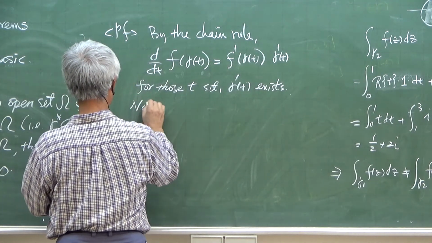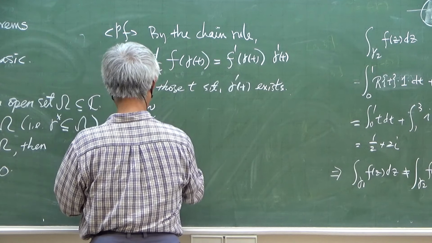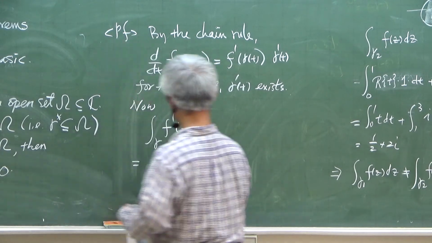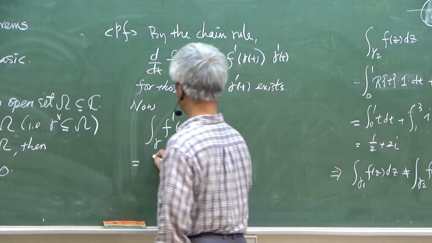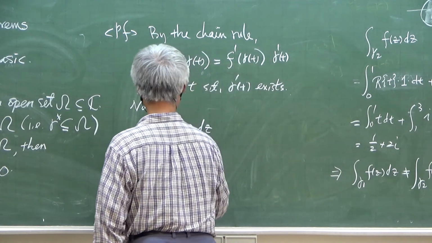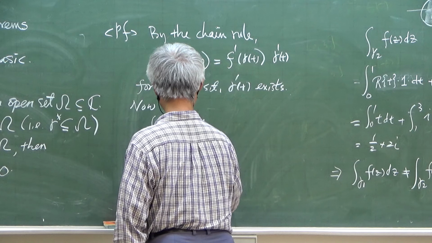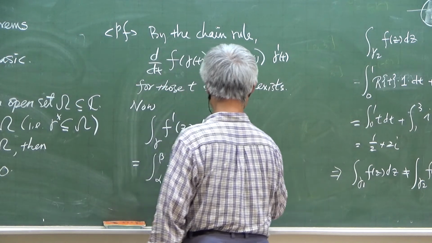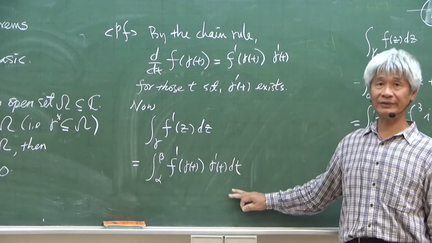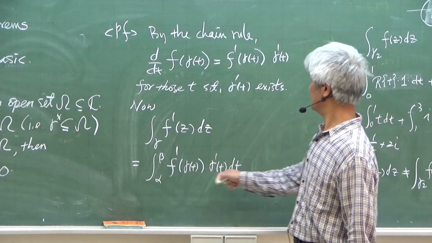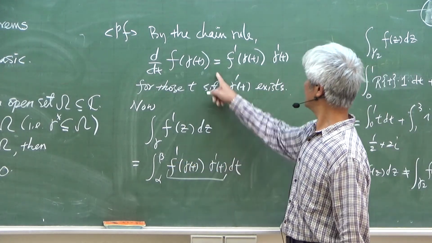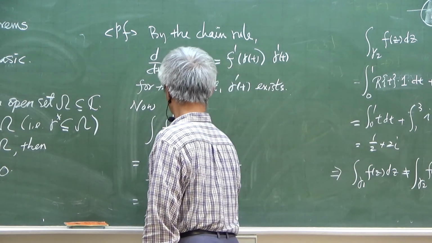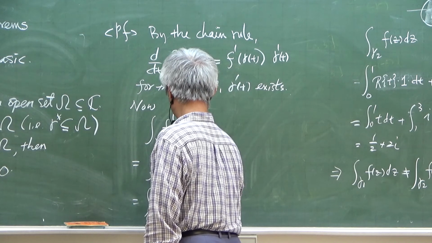Now, when we evaluate this line integral from alpha to beta, it is f prime of gamma t, gamma prime t, dt. By definition, this is just the derivative of the composite function.